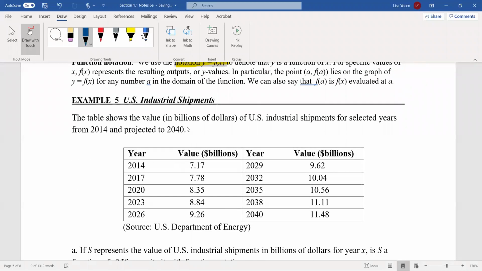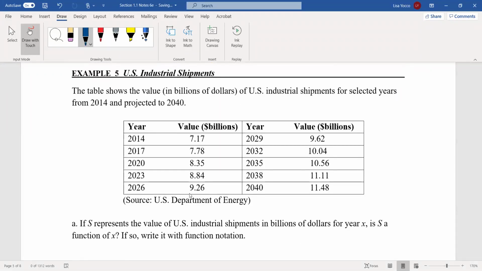So here's a table. Again, this is showing the value in billions of dollars of U.S. industrial shipments for selected years from 2014 and projected to 2040 from the U.S. Department of Energy.